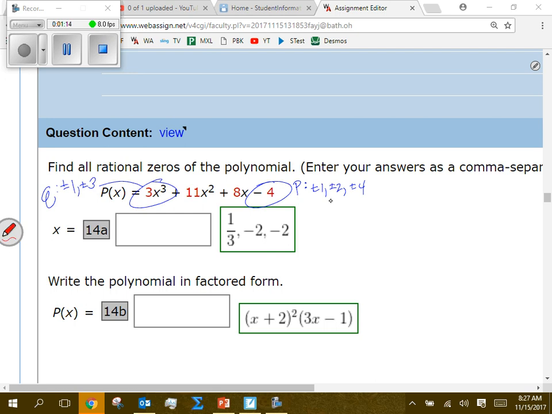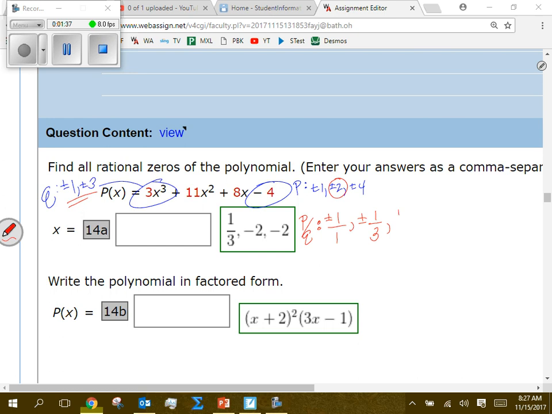So then when we write our list of P over Q's, I'll take this 1 and write it over both of these Q's. So plus or minus 1 over 1 and plus or minus 1 over 3. Then I'll take the next P value of 2 and write it over both those Q's.